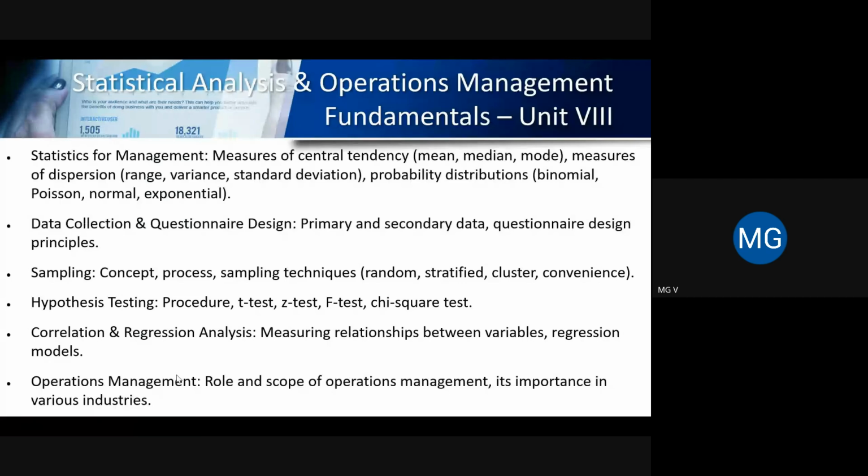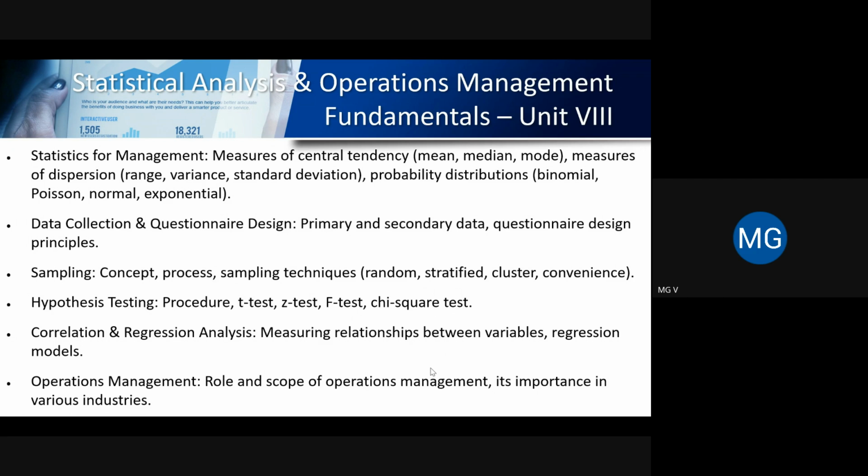Statistics for management provides tools for analyzing data and making informed decisions. Measures of central tendency describe the average value of a dataset, while measures of dispersion describe the spread of data. Probability distributions model the likelihood of different outcomes.